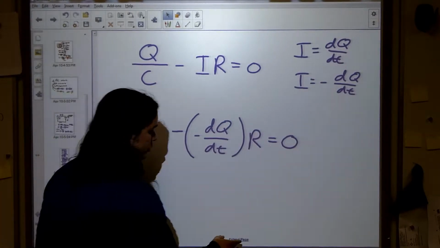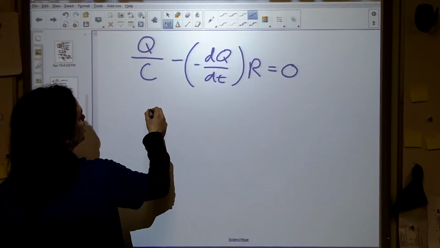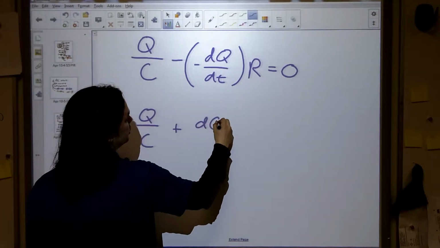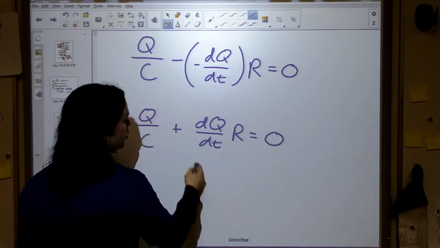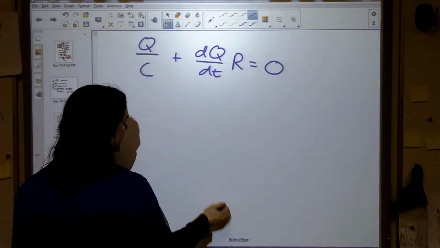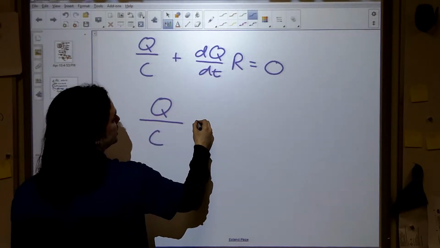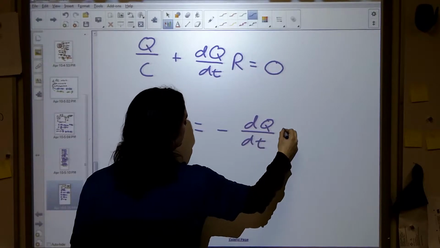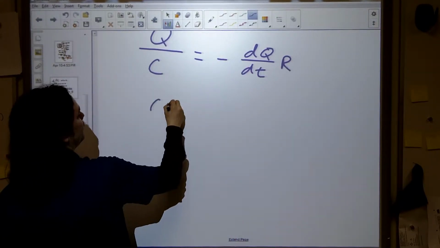We're going to see similar effects whenever we're dealing with calculus. That being said, I can now distribute this and we end up with Q over C plus dq dt R equals 0. I can subtract this over to the other side and we end up with Q, which is my variable, the charge, over C equals negative dq dt R. I'm going to multiply both sides by C. I'm going to get the following.